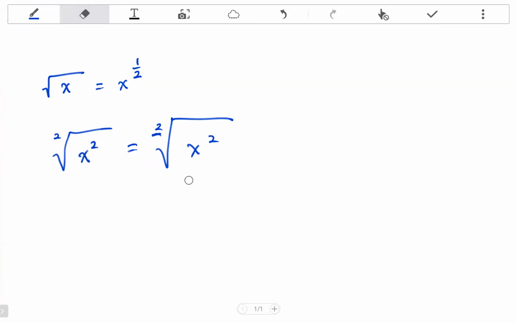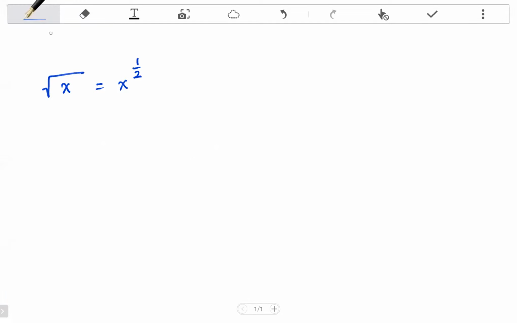But I'll show you how this relates to this fraction. So when we write a radical, this is our base. These are our three basic things. A, B, and C. This is our main number.